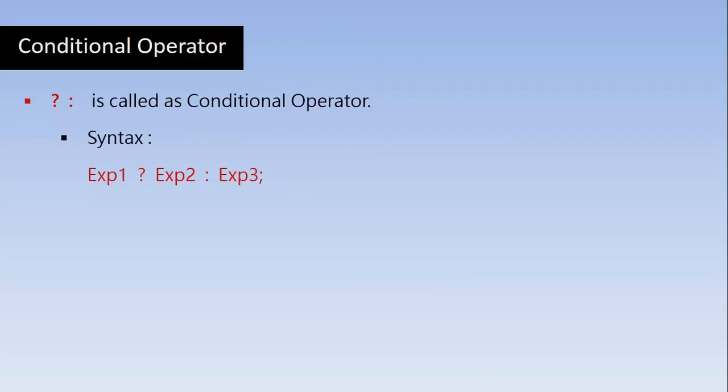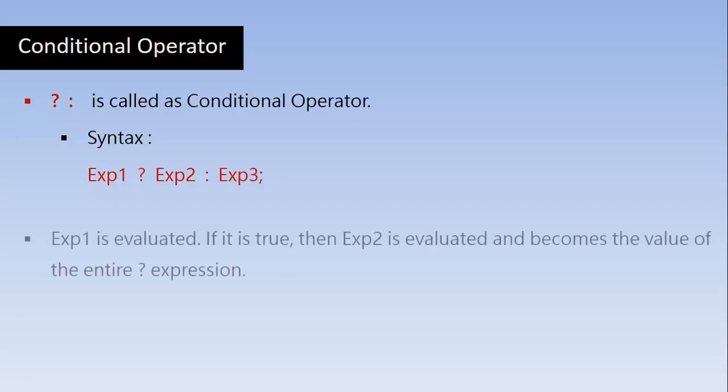So let's find out what the conditional operator is. The question mark and a colon, a pair of these two symbols, is called the conditional operator, right? So the syntax is like this. First we put expression 1, which is normally a logical condition, followed by the question mark, then expression 2, colon, expression 3, and end this statement with a semicolon.